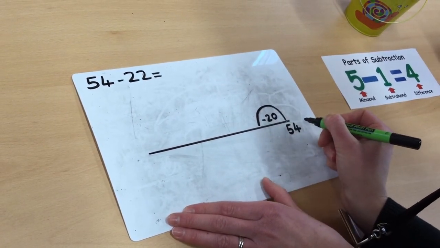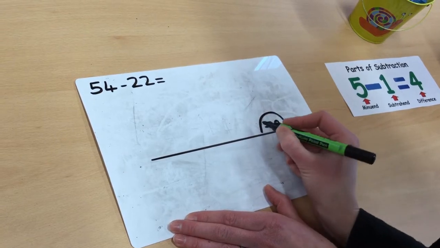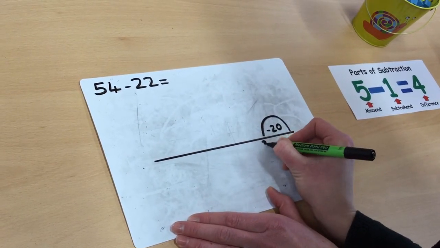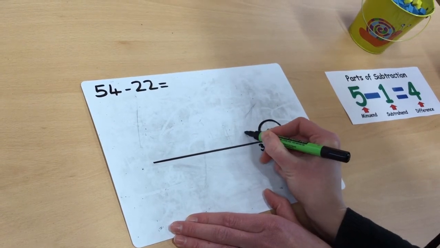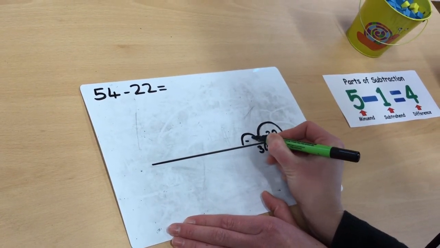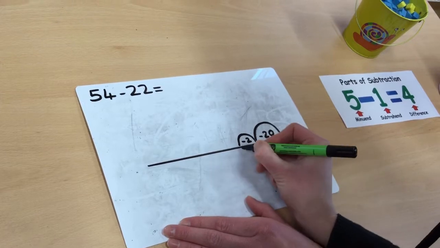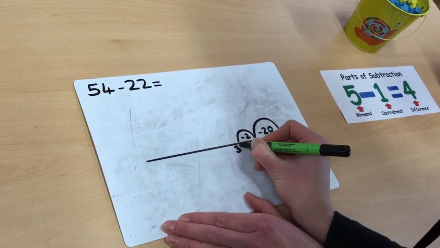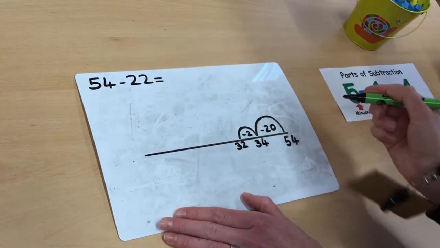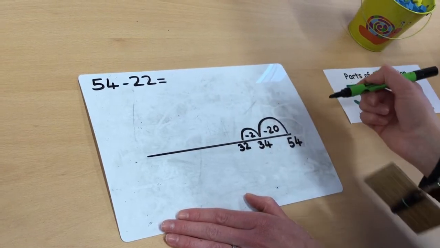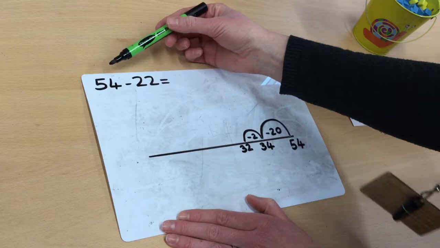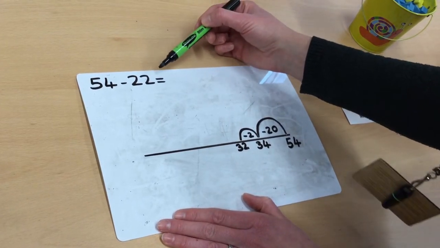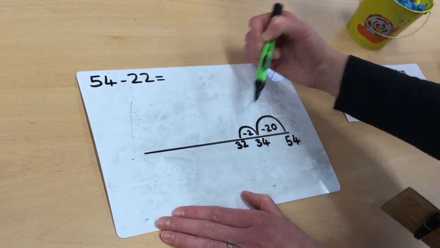So we know, because we practise counting in this way in school, we get back to 34. And then I'm going to make a jump of 2 and label it as subtracting 2, and I get back to 32. So I've solved it by partitioning the tens and the ones, but grouping them to make fewer jumps. So the difference between 54 and 22 is 32.